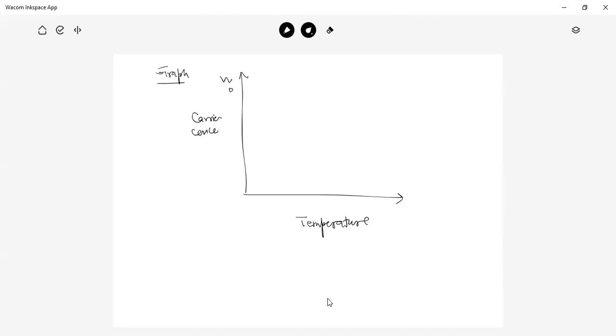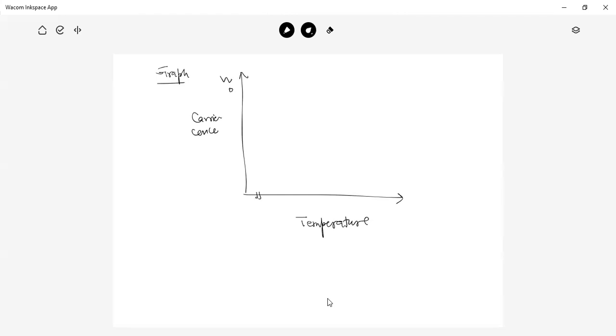Now the graph of this case. Suppose this is the carrier concentration and here it is the temperature. This is n0.